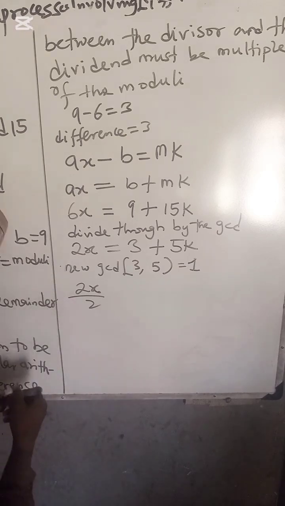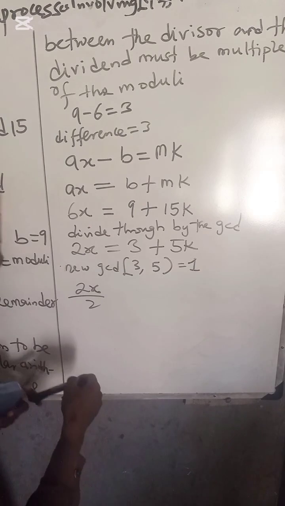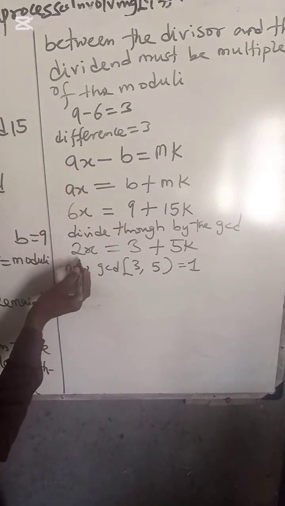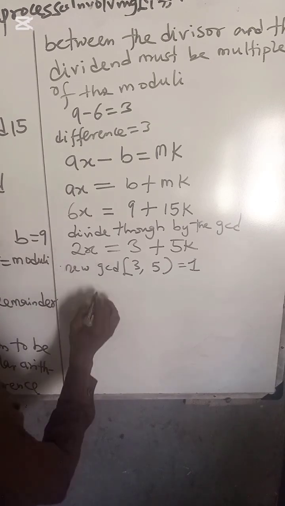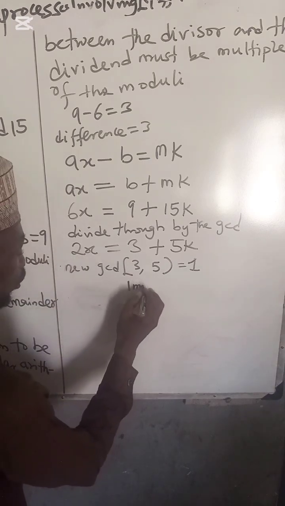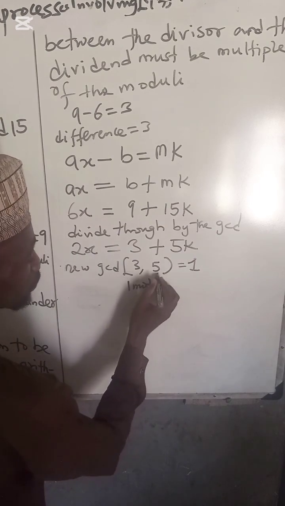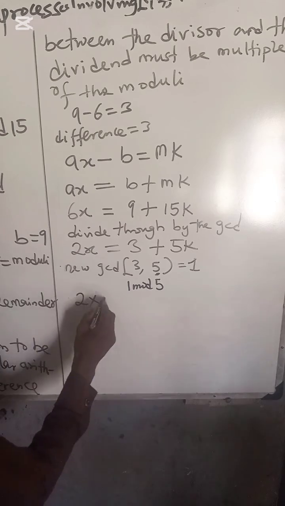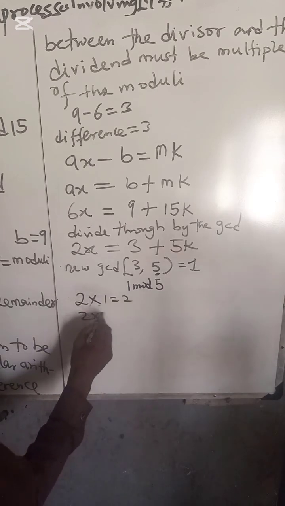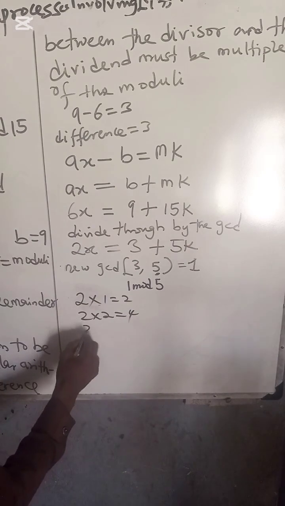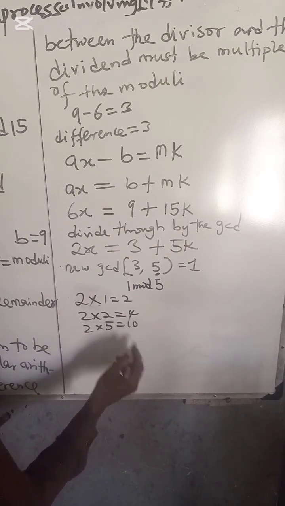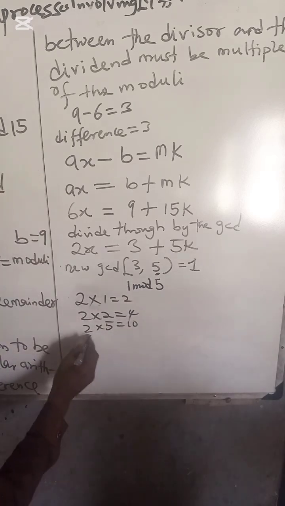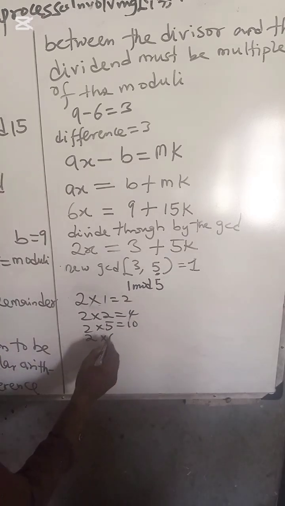And to get this multiplicative inverse, we have to look for a number that when we multiply with 2, it will give us 1 mod 5. Now, we check 2 times 1 is 2. 2 times 2 is 4. 2 times 5 is 10, 5 in 10 is 2 remainder 0.